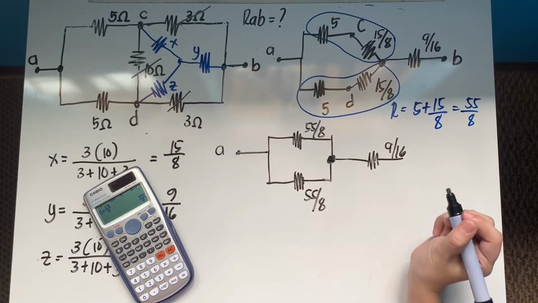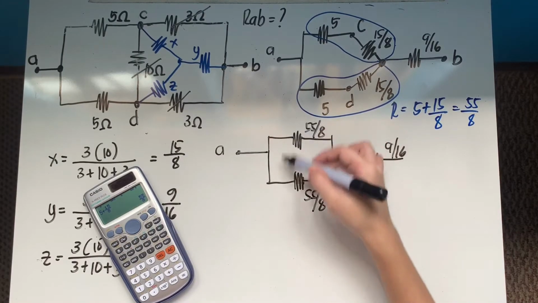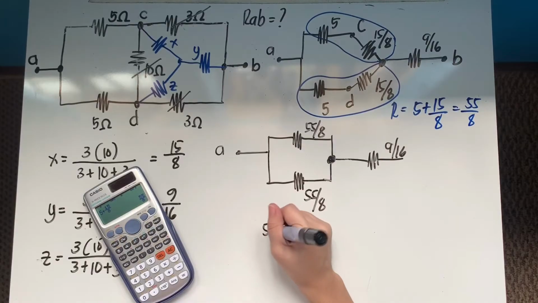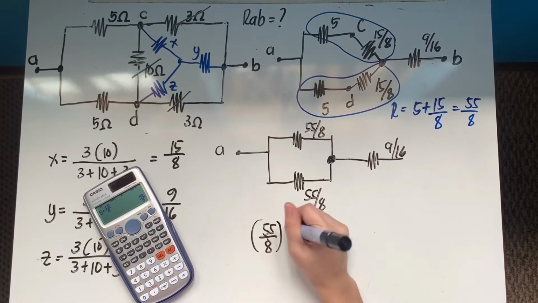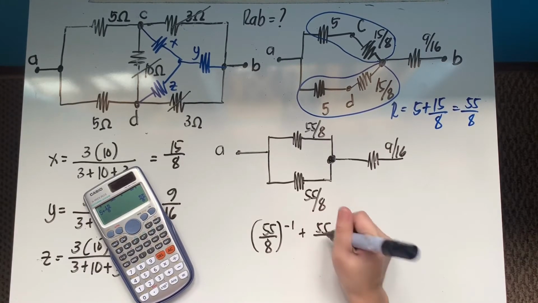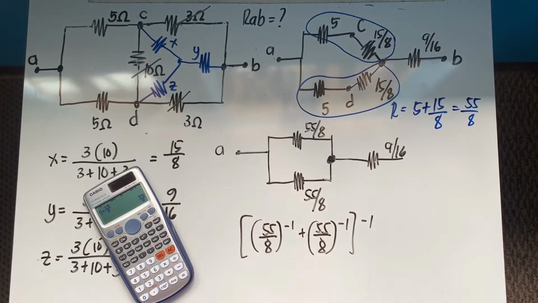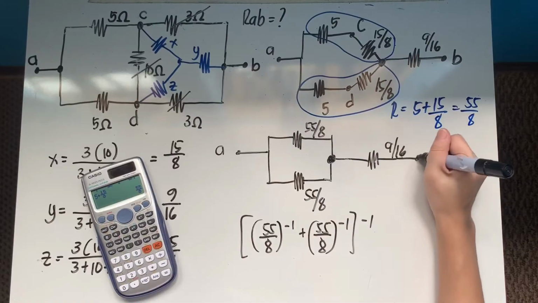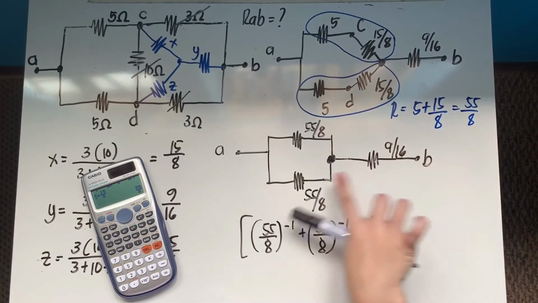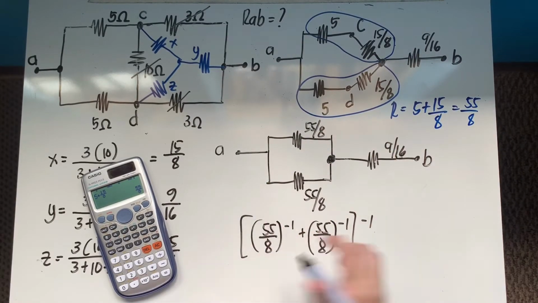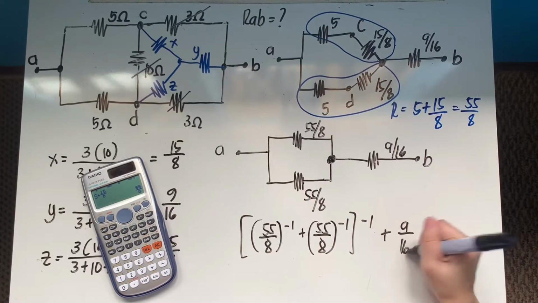So, as you can see, this is parallel connection. So, para makuha natin yung equivalent ng parallel connection na yan, that's 55 over 8 inverse. Inverse lang natin yung sum. So, since ito ay naka-series kay 9 over 16, pag nakuha mo yung parallel combination, i-add lang natin si 9 over 16.